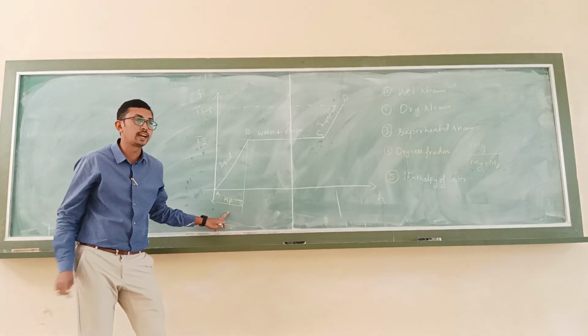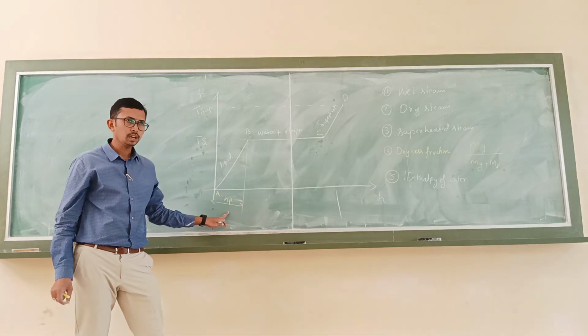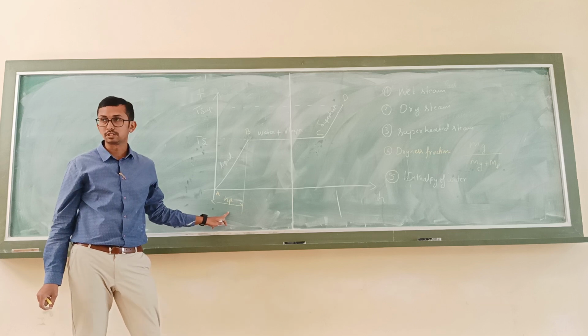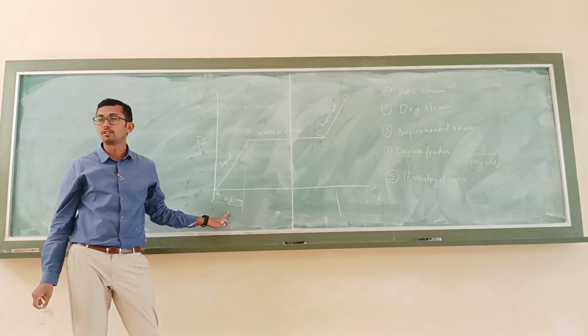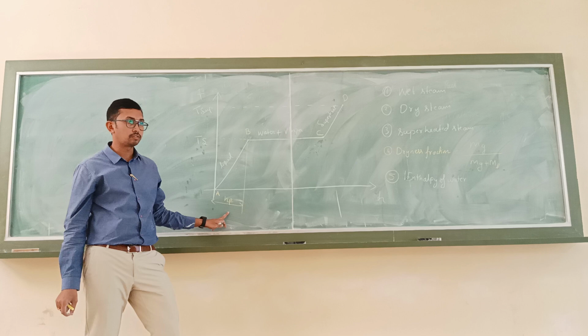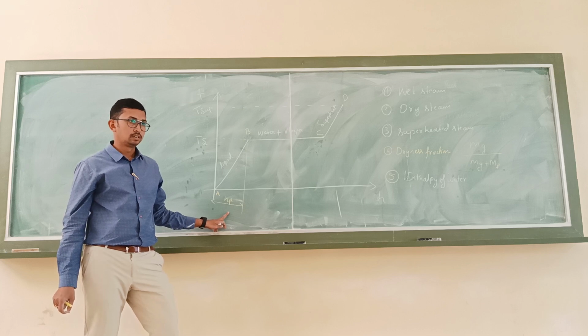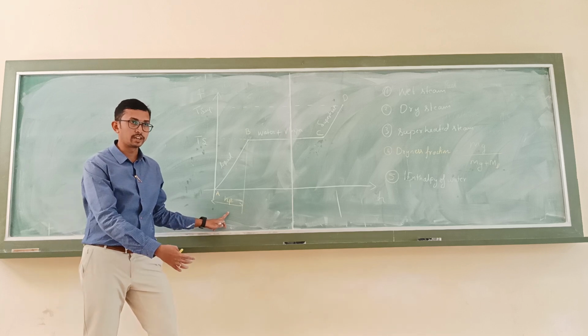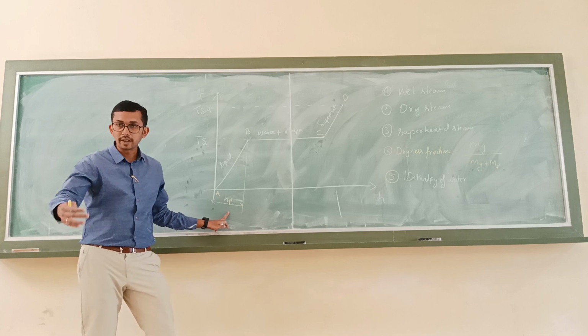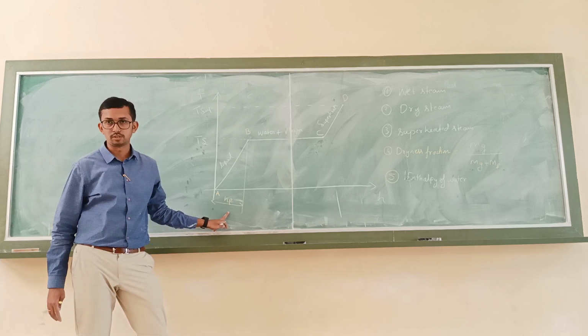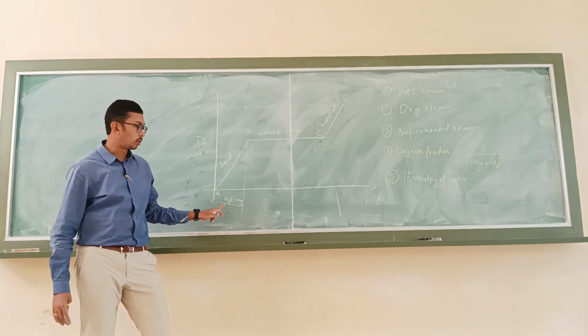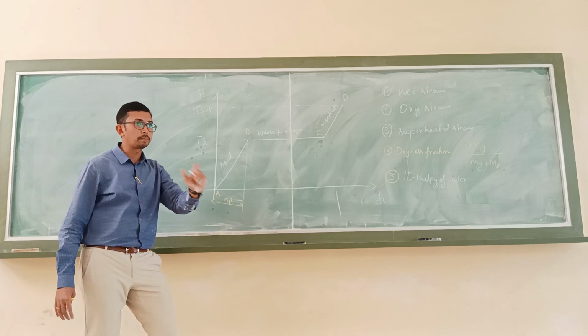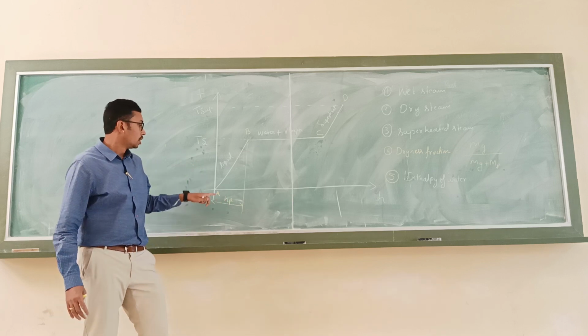So that is represented as what? Can anyone try to explain the definition of enthalpy of water or sensible heat of water? Shall I repeat? I will explain you once. I hope the remaining definitions you will generate by yourself. Okay. So what is sensible heat or enthalpy of water?